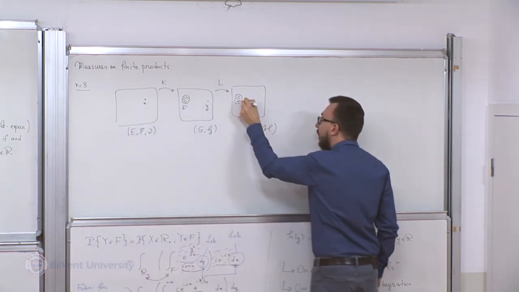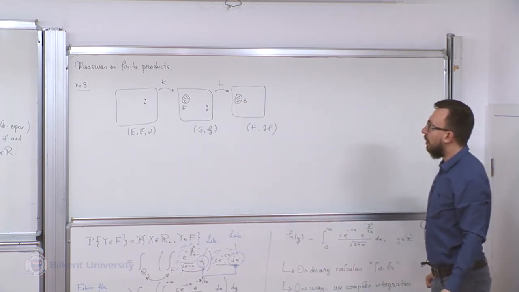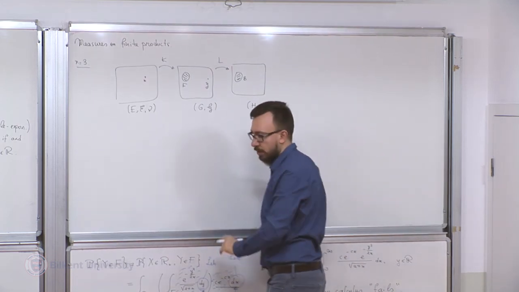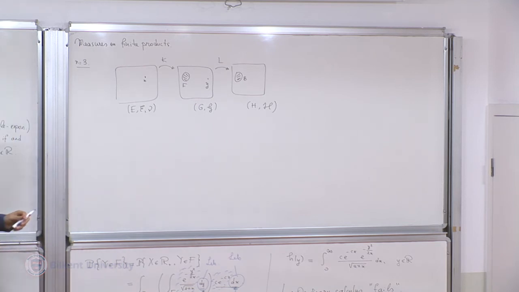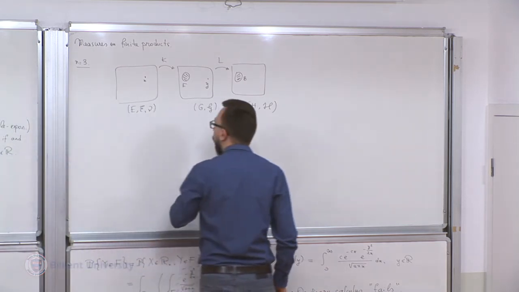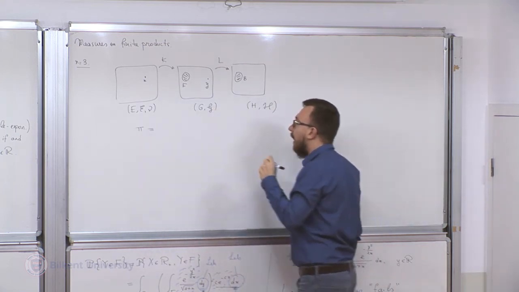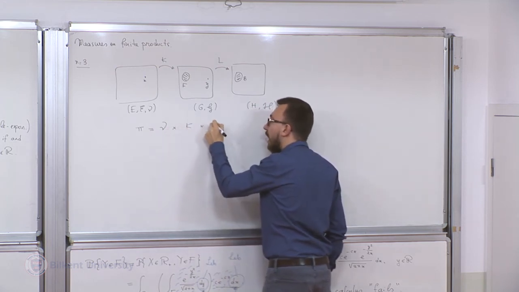I call it B. So we're going to define a measure on the product space by writing down nu cross K cross L. Okay?